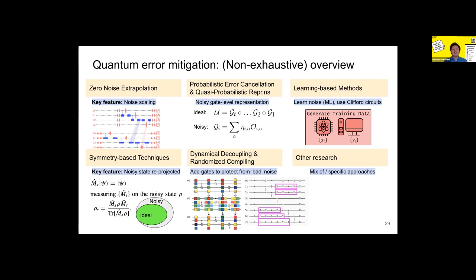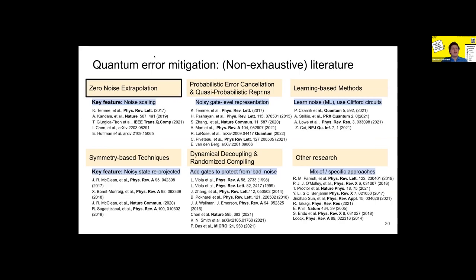It is changing the noise landscape in a way that is more amenable to correction, so that then one can distill a different quantum circuit which has these different gates. So these techniques apply at the compilation stage. And then there is also other research with a mix of techniques. This is a slide that you can take a snapshot of in case you are interested in learning more from these references.